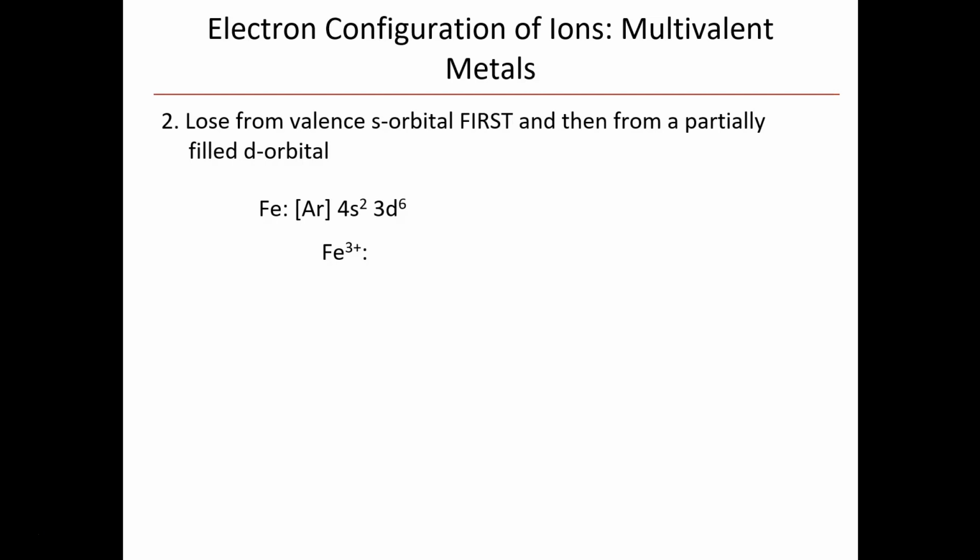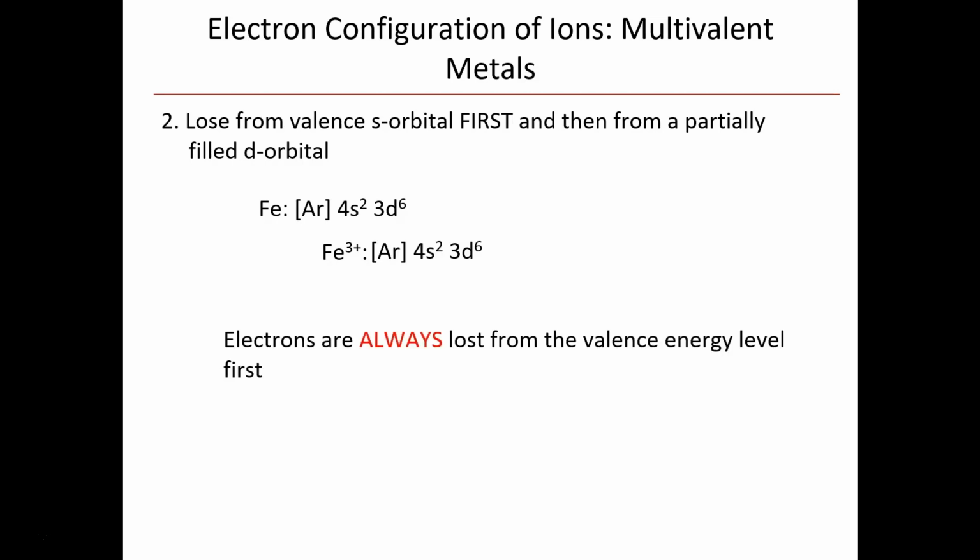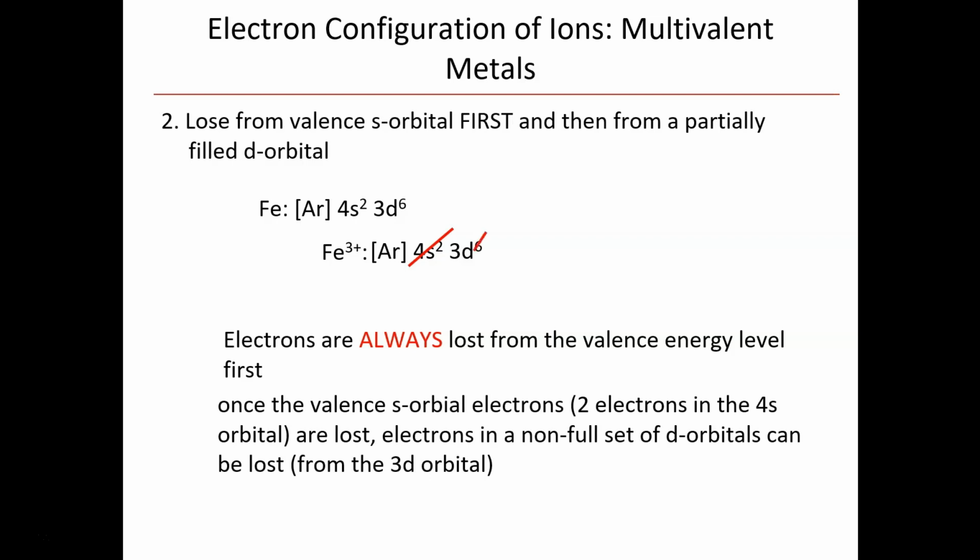So first I would lose from the 4s because it's valence. And then I need to lose 1 more so I could lose it from my 3d, since my d orbital only has 6 and it's not full at 10. So first I lose from my valence s, and then I lose 1 from the d. And so this would be the electron configuration for iron 3+.